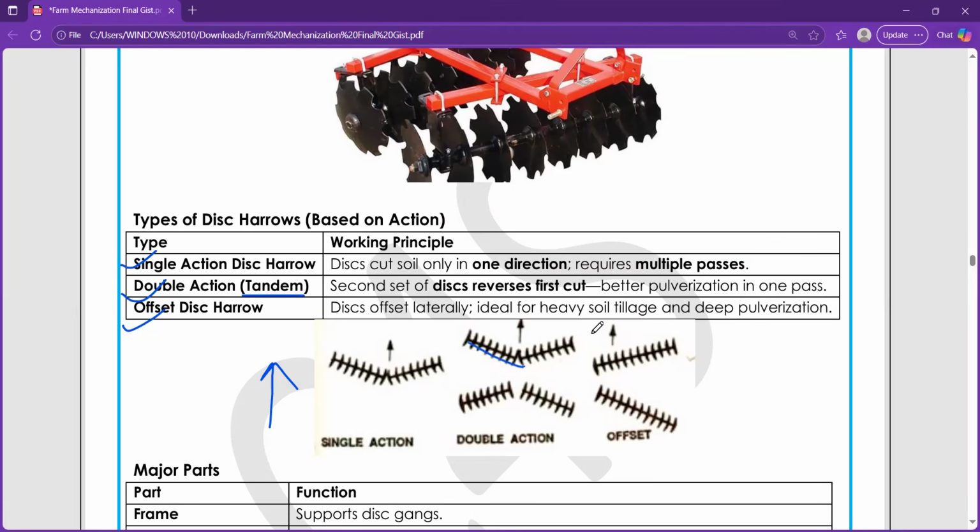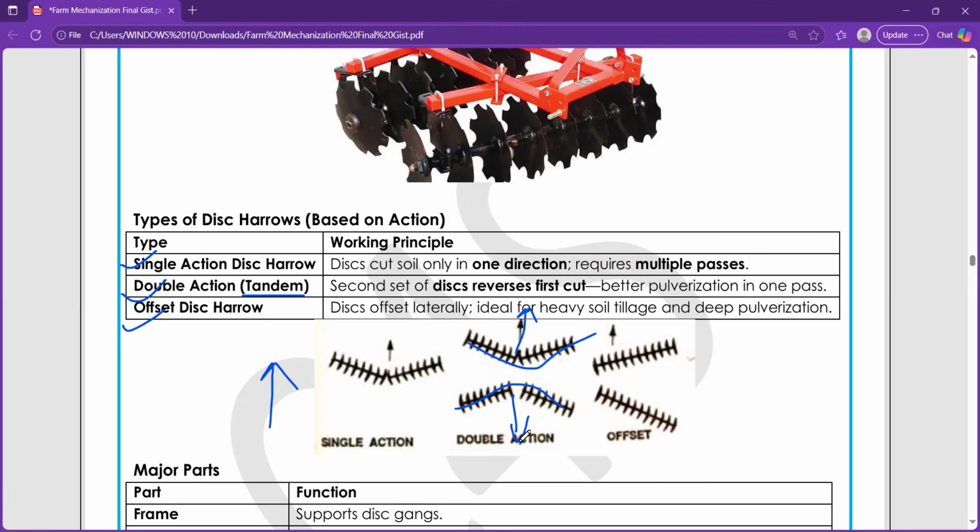The first front harrow will throw the soil outward, and the second, the innermost disc harrow, will throw the soil in the opposite direction. So in this way, in one go, the soil is pulverized twice. It is one of the best action disc harrows which can be used while using the secondary implements.